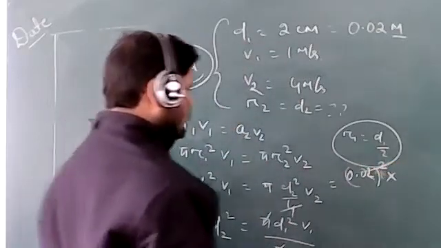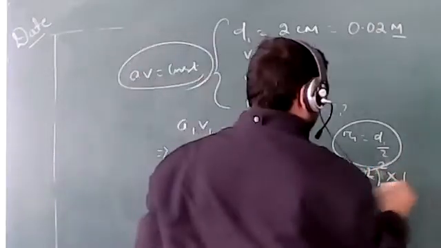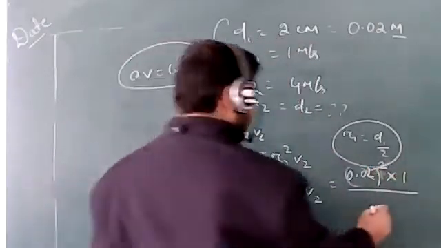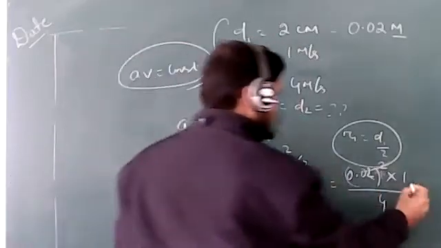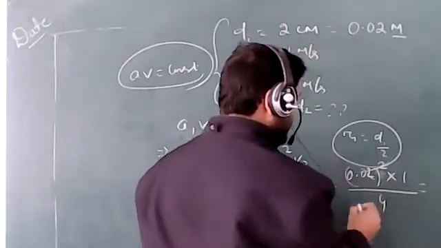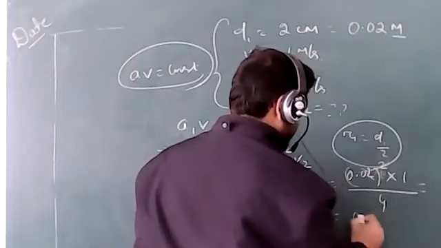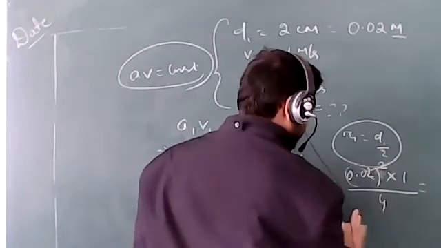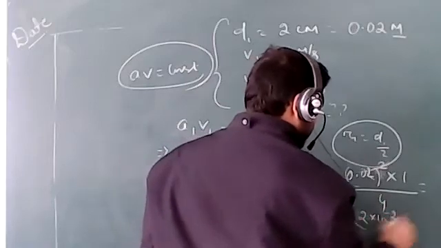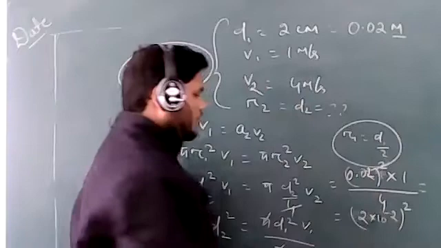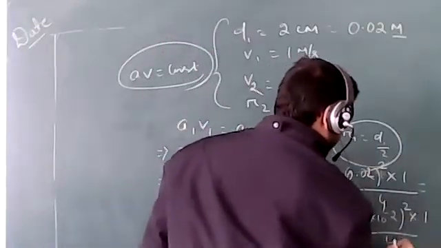Then V1 is given as 1, divided by V2 which is given as 4. Let me solve it: 0.02, you can write as 2 into 10 to the power minus 2, squared, into 1 divided by 4.